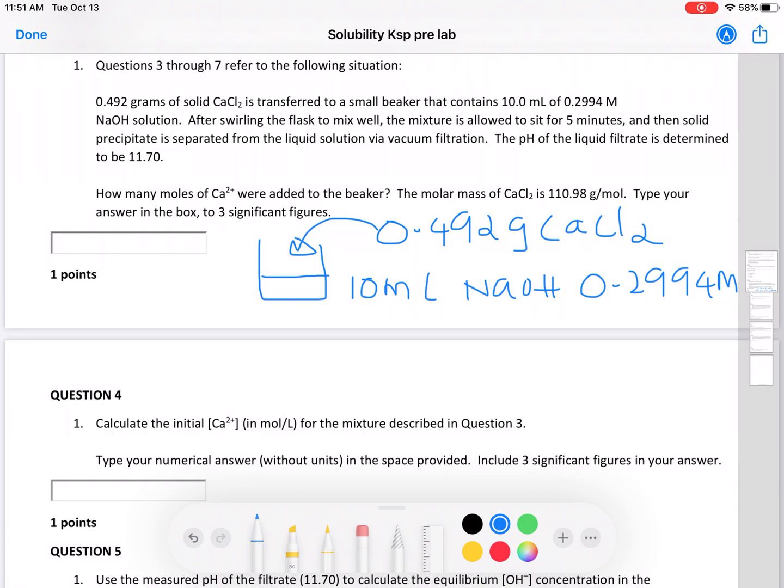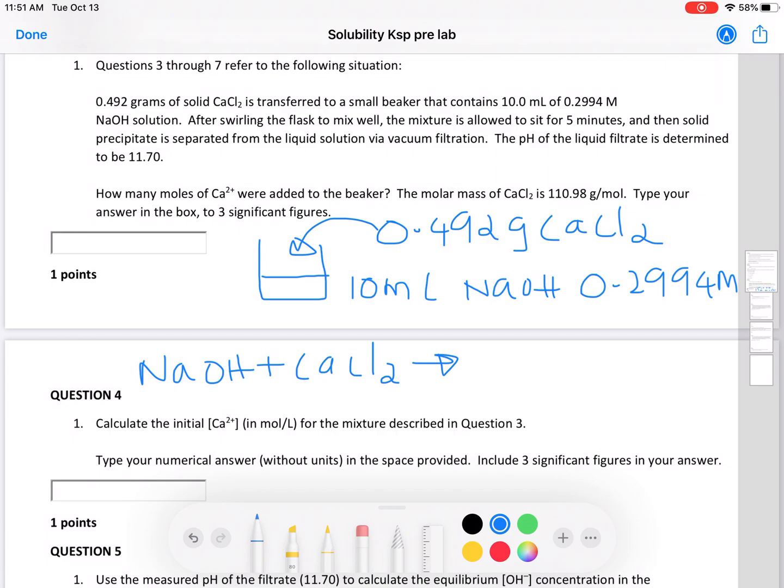After swirling the flask to mix well, the mixture is allowed to sit for 5 minutes, and then the solid precipitate is separated from the liquid solution via vacuum filtration. So what is happening when you add sodium hydroxide and calcium chloride? What's going to form?